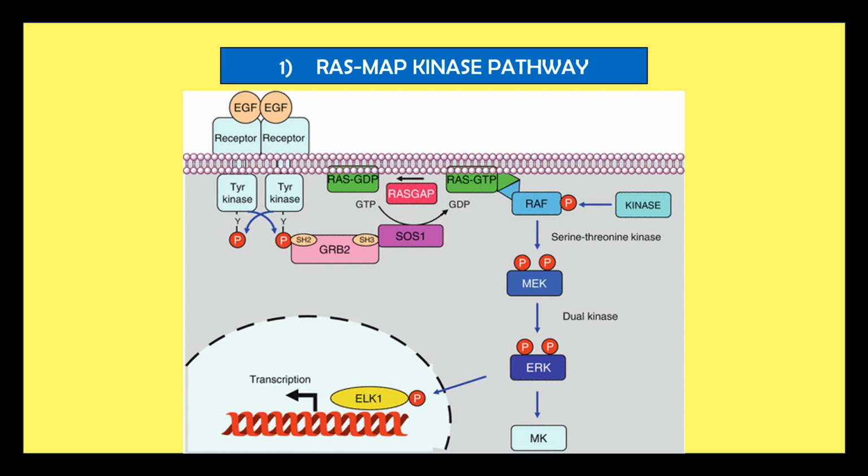Then we can also see changes in protein activity or gene expression. Here, ERK is actually MAP kinase. So it then goes through all the processes of cell response and gene expression.